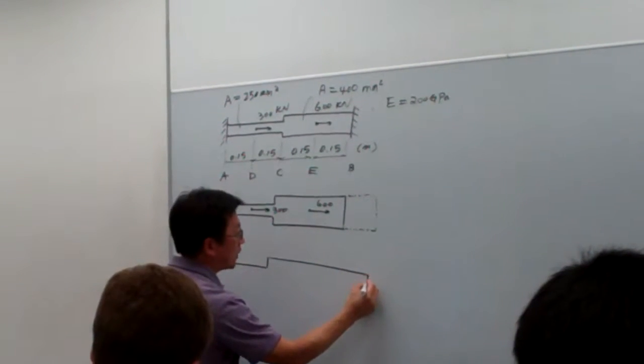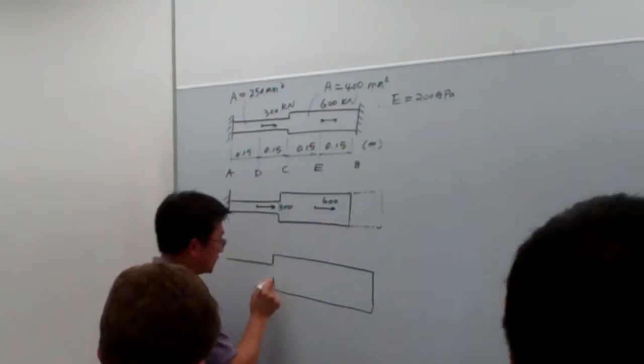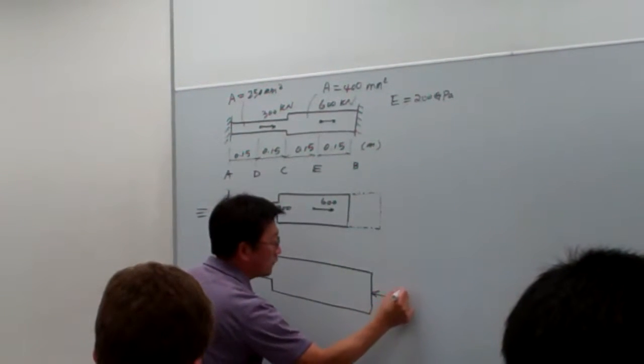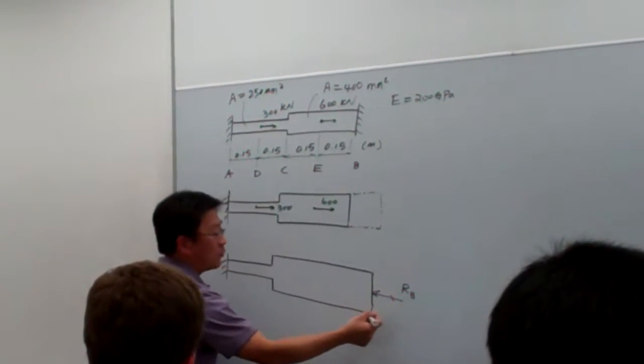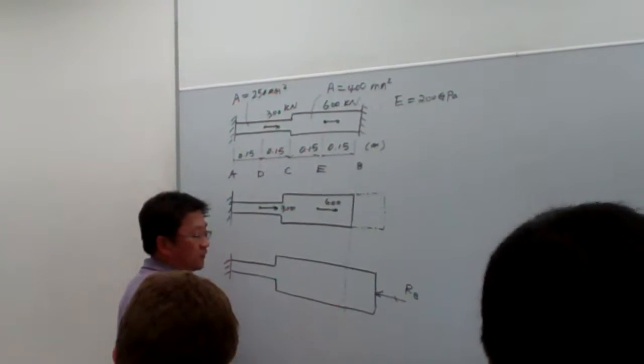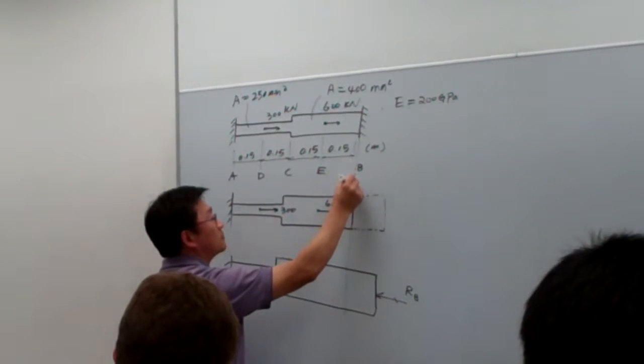So for example, on the virtually deformed system, there would exist a reaction force RB. RB will push back the virtually deformed system exactly to where the constraint is.